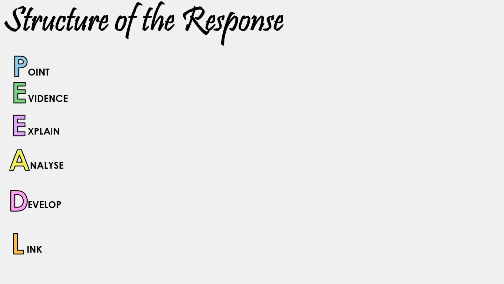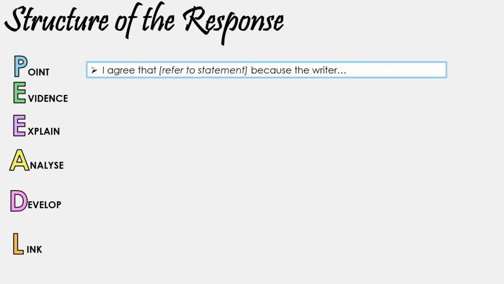Now what this means is you make your point about the statement in the question. Do you agree with it or not, and why? So in the example from the previous slide, this sentence would go something like, I agree that Doyle has successfully presented Holmes as a misunderstood genius because the writer uses a semantic field of science to indicate Holmes's advanced education.